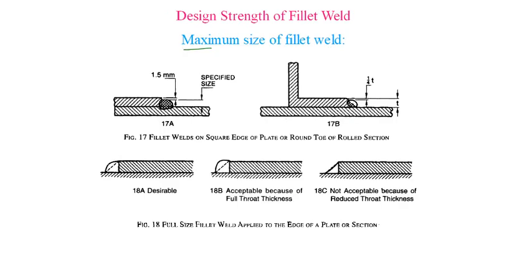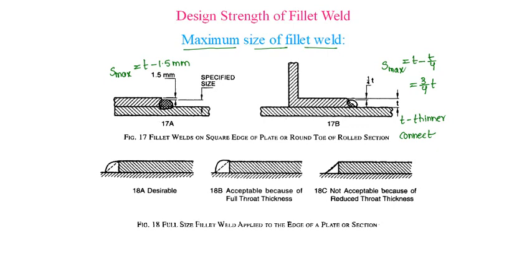Whereas maximum size of fillet weld, in the case of square edge, S maximum is thickness of thicker plate minus 1.5 mm, whereas for square or round edge S maximum is T minus 1/4 of T, that is 3/4 of T, where T is thinner connected plate.